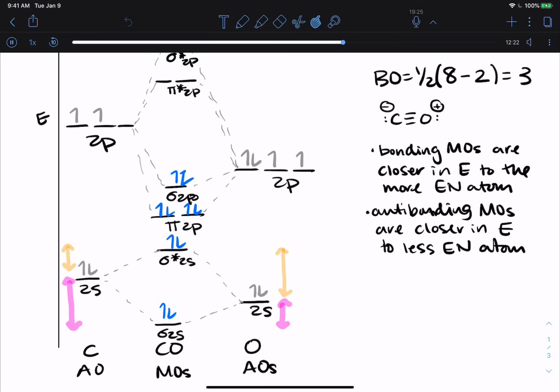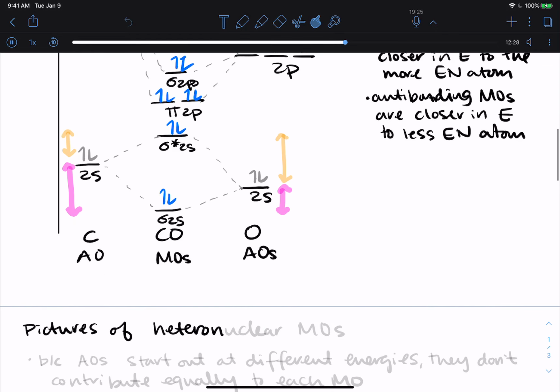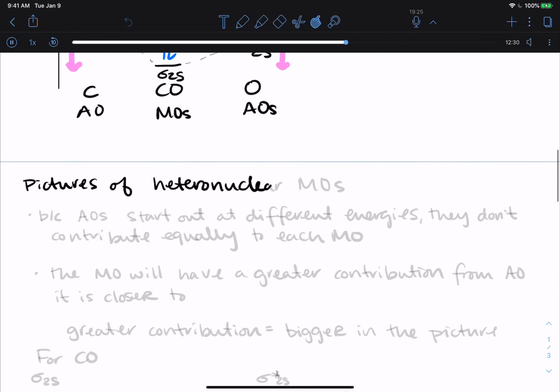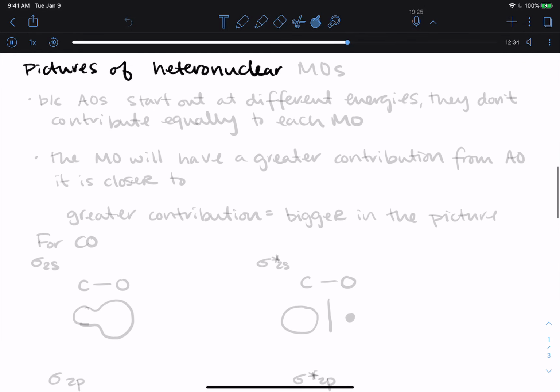So a couple of words about pictures of heteronuclear molecular orbitals, then some pictures, and then we're done. Okay. So the reason we're here, because atomic orbitals start out at different energies.